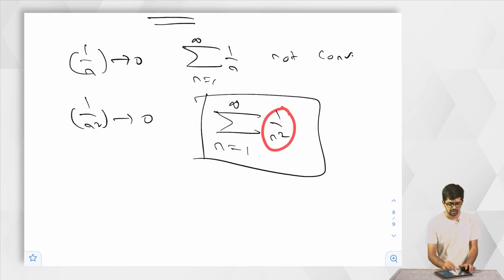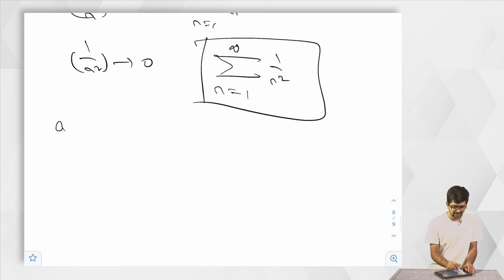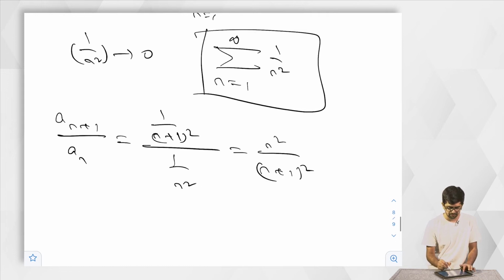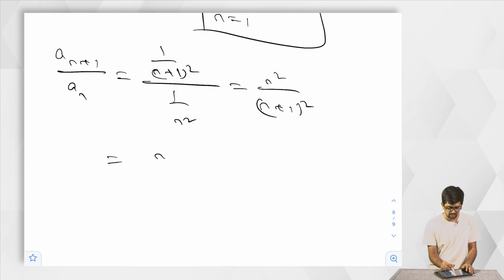So this is non-negative. Now what we need to check is an plus 1 by an. What is this? 1 by (n plus 1) square by 1 by n square. What is this? n square by (n plus 1) square. Now what do we have? n square by n square plus 2n plus 1.